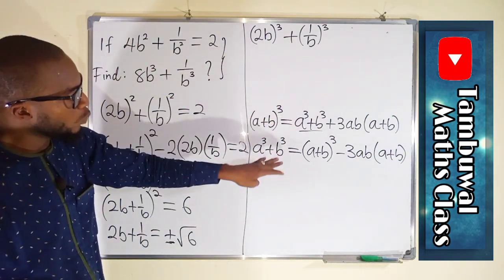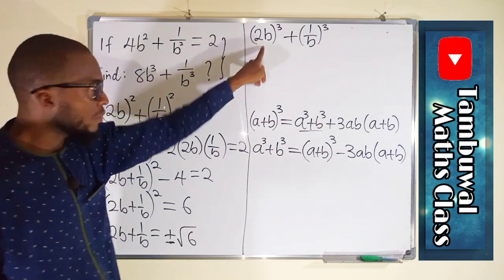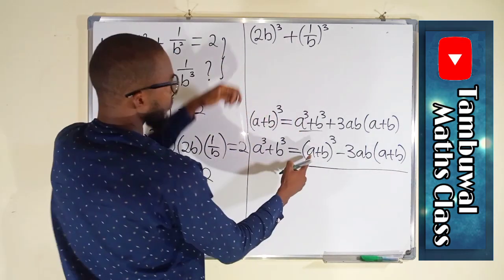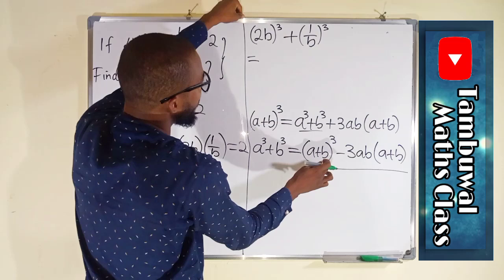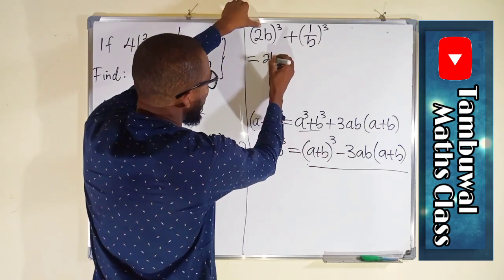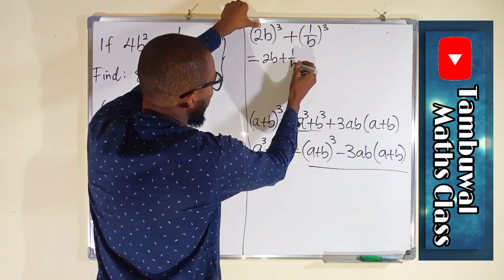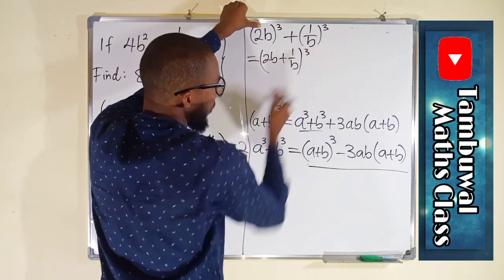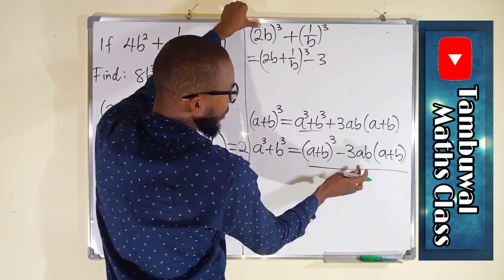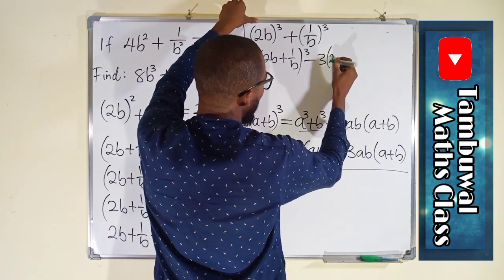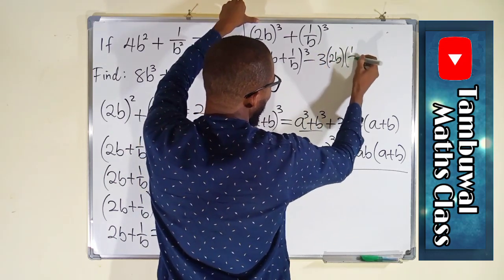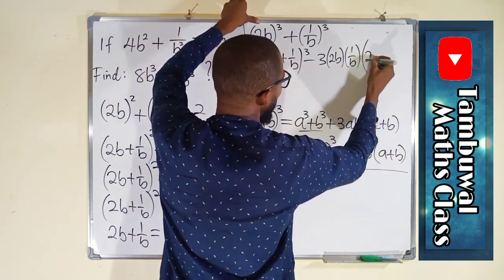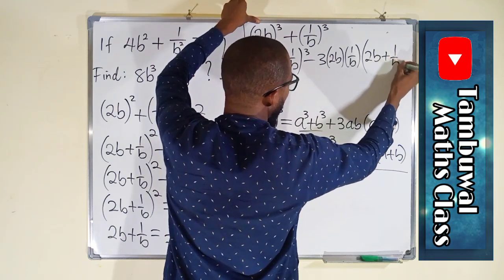Now let us relate this with this. Our a is 2b here, our b is 1 over b. So this becomes a plus b, which we have here as 2b plus 1 over b, all to the third power, then minus 3ab, which we have here as 2b multiplied by 1 over b, then multiplied by a plus b, which is 2b plus 1 over b.